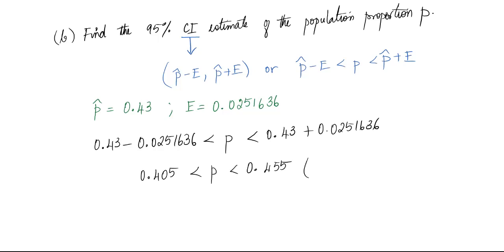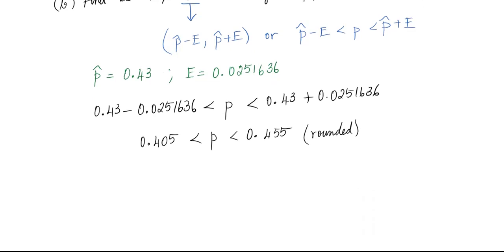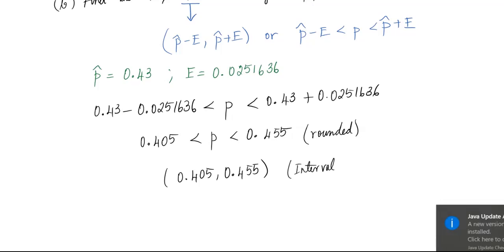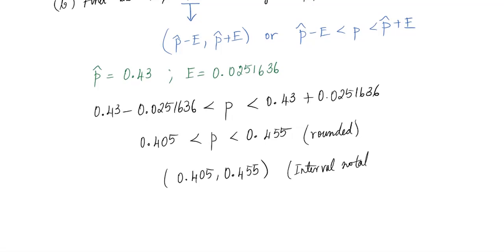Recall this was the opening example I gave you on how to interpret the answer correctly. That was based on this problem. All right, so we found the interval. If you want to put it in the interval notation, of course, it'll be 0.405, comma 0.455. Interval notation.